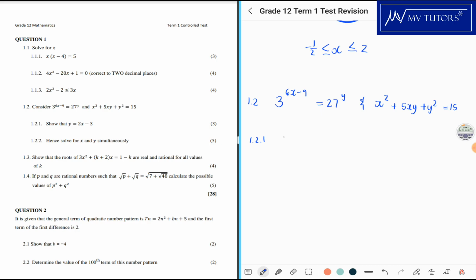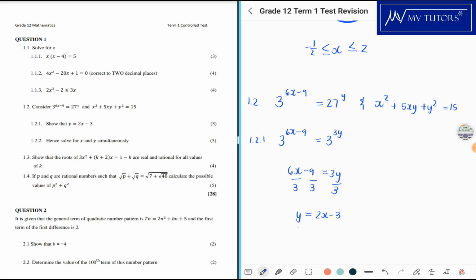So I am going to leave this sum with the base 3, and I can see that 27 can also be written as base 3. 3 to the power 3 is 27. And if my bases are the same, I can make my exponents equal to one another. So I have 6x minus 9 is equal to 3y, and if I divide by 3 throughout, I can then say y is equal to 2x minus 3.